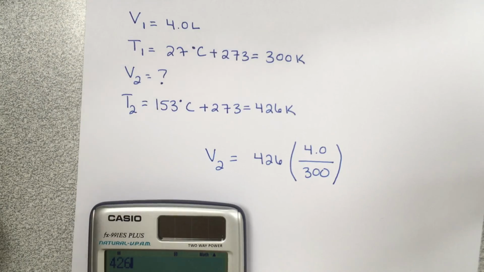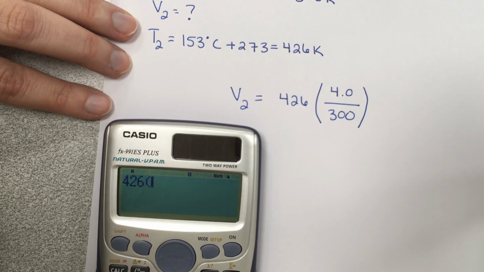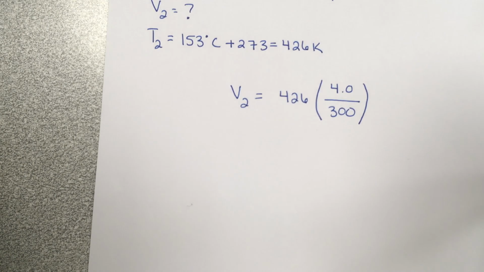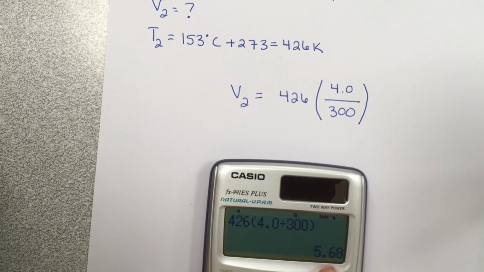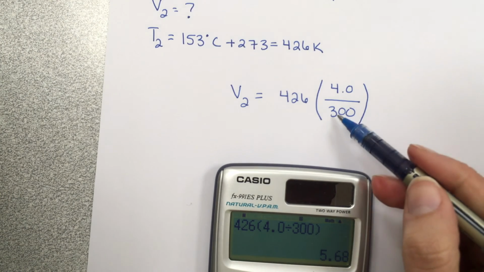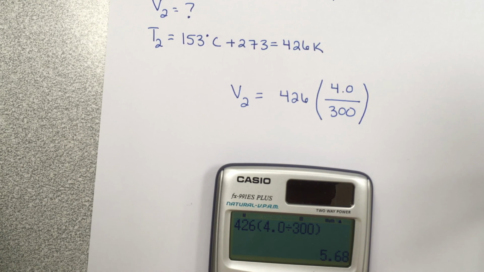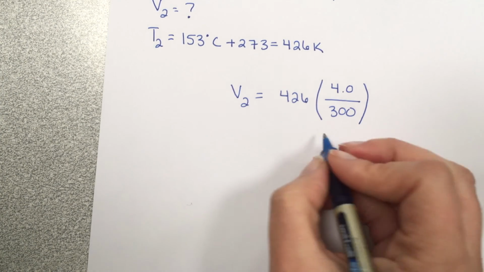So the answer, 5.68. Our lowest significant figures is 1, so we need to round that. 5.68, round it to 6, I guess.